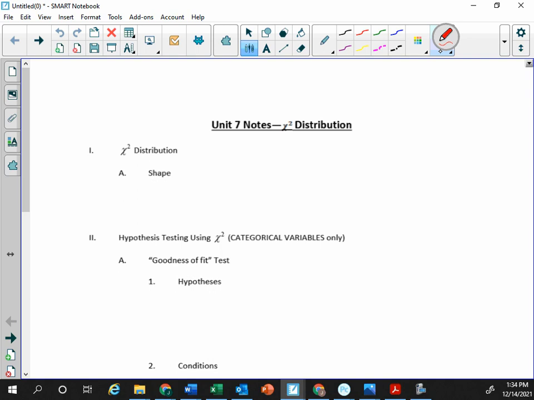All right, guys, we are talking about the chi-square distribution this unit. So first, we'll talk about the shape a little bit. It's always going to be skewed to the right like that. Skew right. As degrees of freedom increase, the shape becomes more normal.